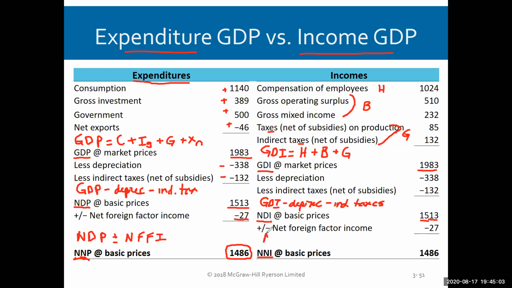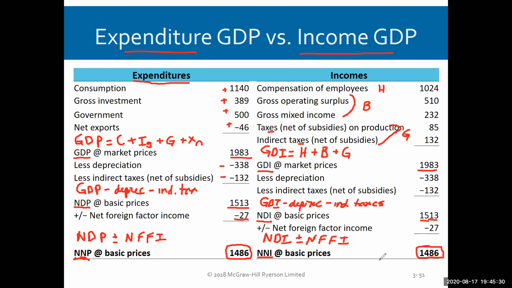Well, for that, we take net domestic income, and we do the same thing over here as we did on the left. We plus or minus the net foreign factor income, right? That's looking at focusing on just what the Canadians and Canadian companies are involved in if we ever want to look at that. And we also get 1486. So they work out to be the same.